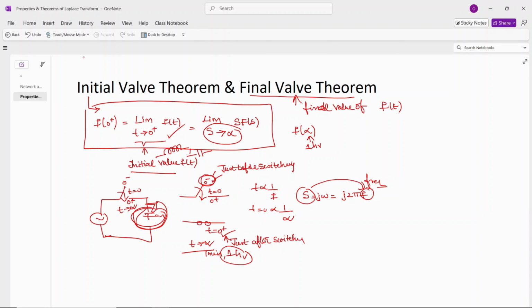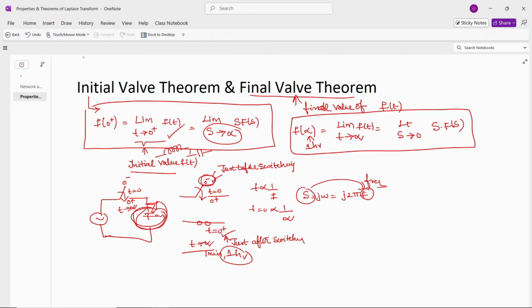This is nothing but the limit as t tends to infinity of the given function f of t, which we can write as the limit as s tends to 0 of s into the given function F of s. This will give the final value of the network function.